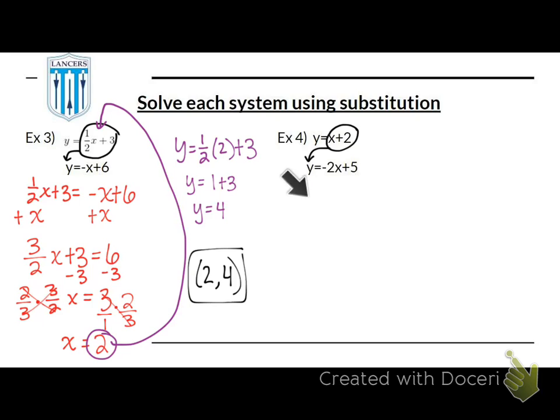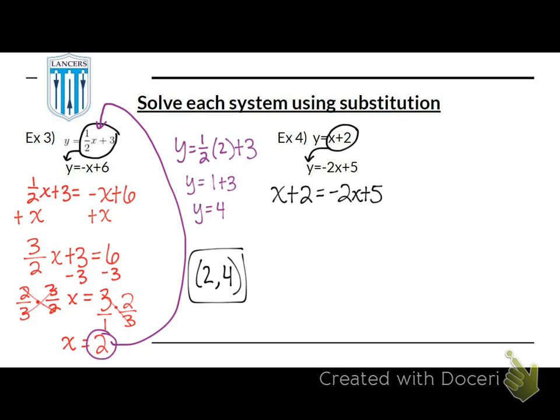So instead of writing y equals, I'm going to put x plus 2 equals negative 2x plus 5. Questions about substituting?